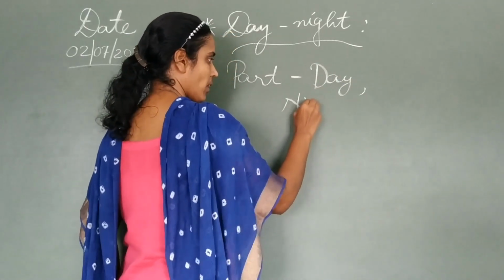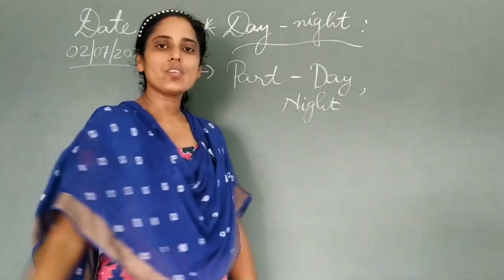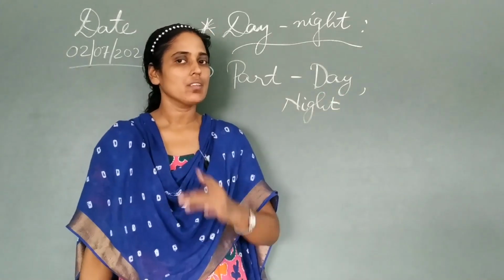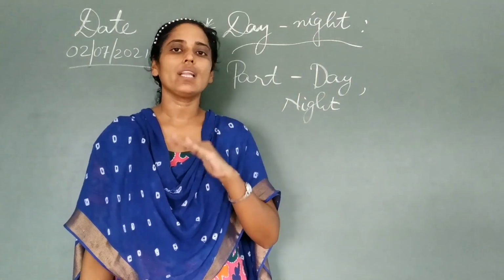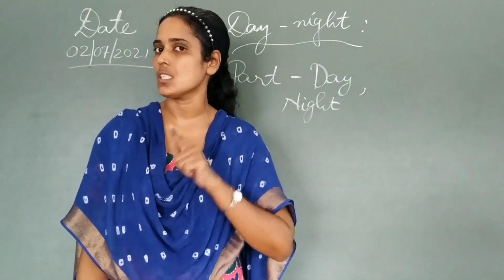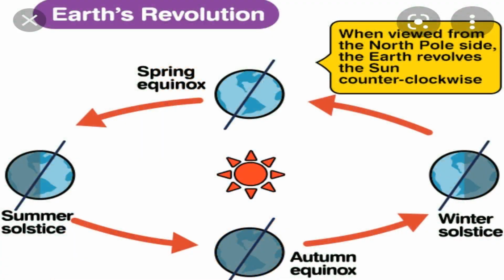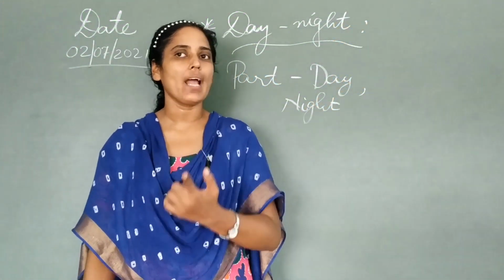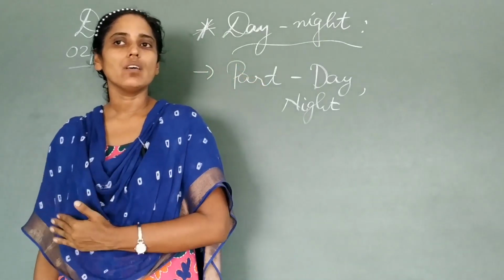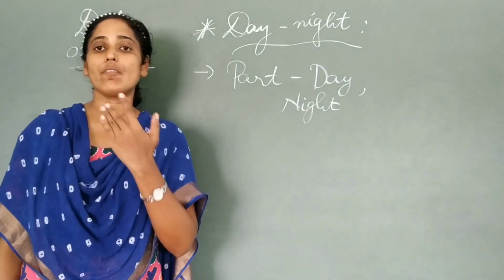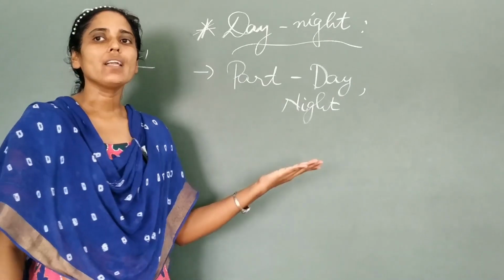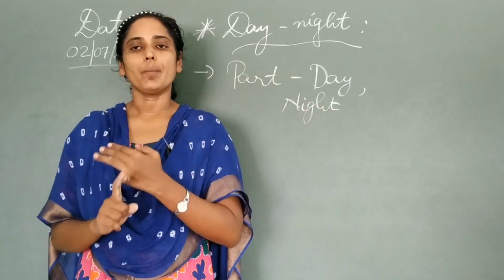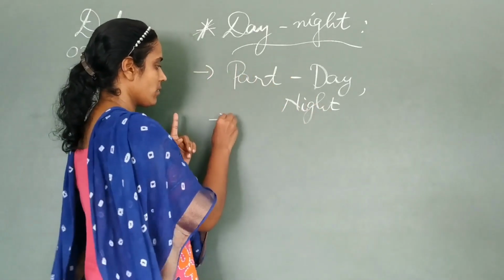Okay, students? The imaginary terms, rotation and revolution, have to be understood in this manner: if rotation does not take place, then only one part of the earth will always get light and the other part will always be dark. Due to rotation, all the parts of the earth get equal light and darkness in every 24 hours. This phenomenon causes morning.